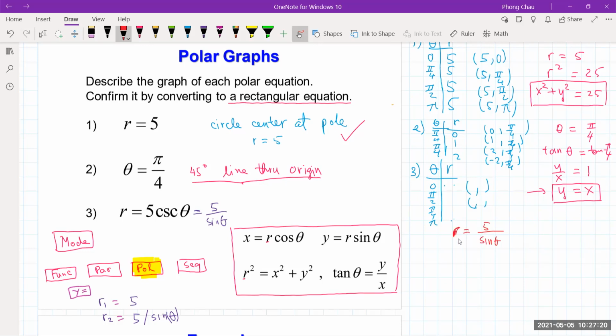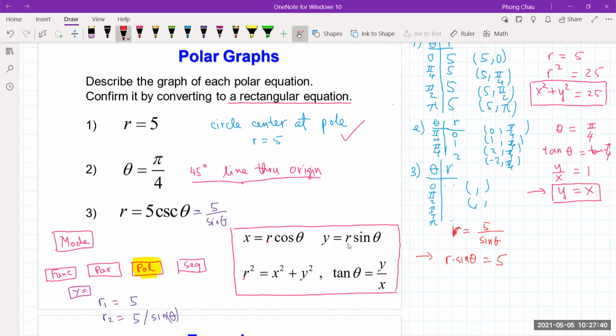Right, so naturally when I see this, I would rather find sine, and I really don't like the sine on the bottom. We multiply both sides by the denominator, and we end up with r times sine theta equals 5. And from here you can see which formula I'm going to use.